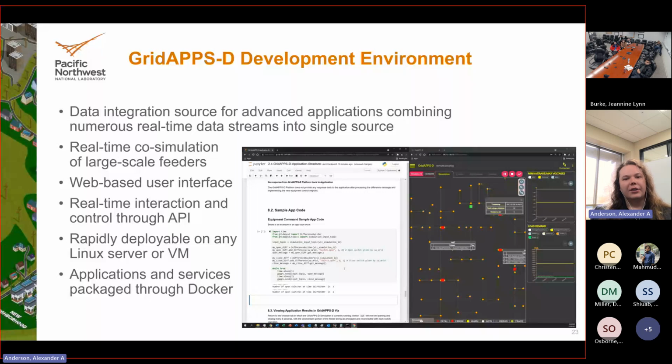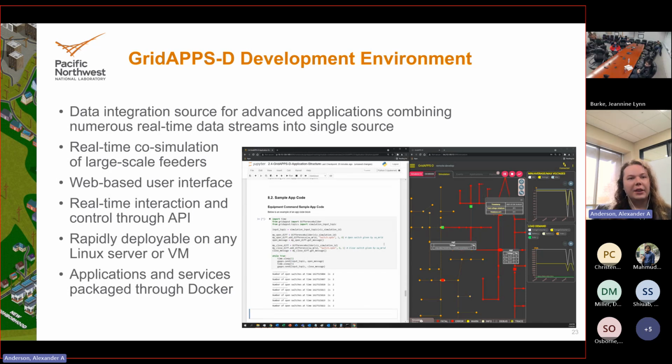GridAPPS-D as a research platform also provides a robust development environment in Python where you can build applications very quickly in Jupyter notebooks, interface them to a simulation in GridLab-D. We're currently working on adding PSSE, OpenDSS, other solvers to that environment.